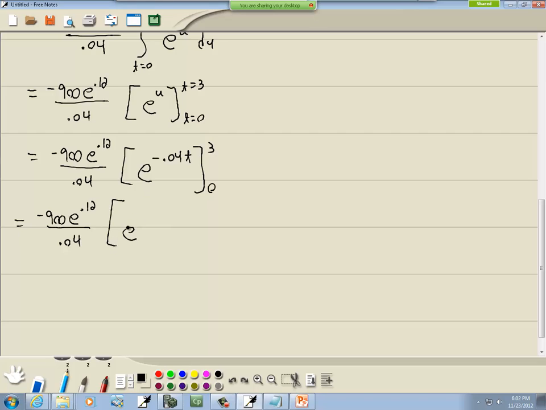And then that gives us e to the negative 0.04 times 3 minus e to the negative 0.04 times 0. Which gives us negative 900 e to the 0.12 over 0.04, e to the negative 0.04 times 3, which is negative 0.12. And 0 times anything is 0, and e to the 0 is 1. So that's minus 1.